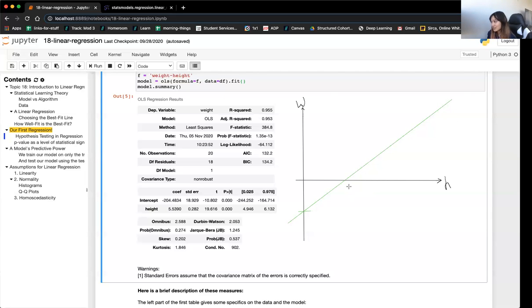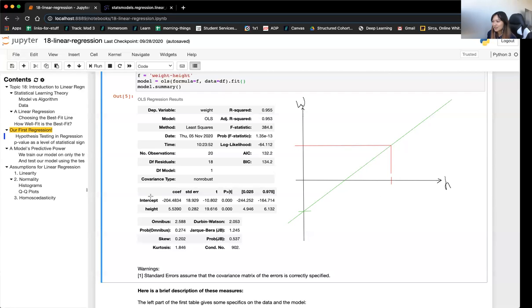So that means that at a height of, for example, let's say we want to find the weight at this height here, what we would do is draw a line up here and see what its weight value is. And that's exactly how we're making predictions.